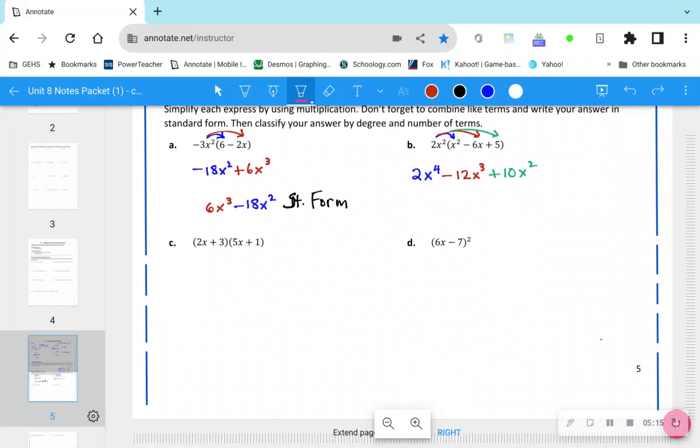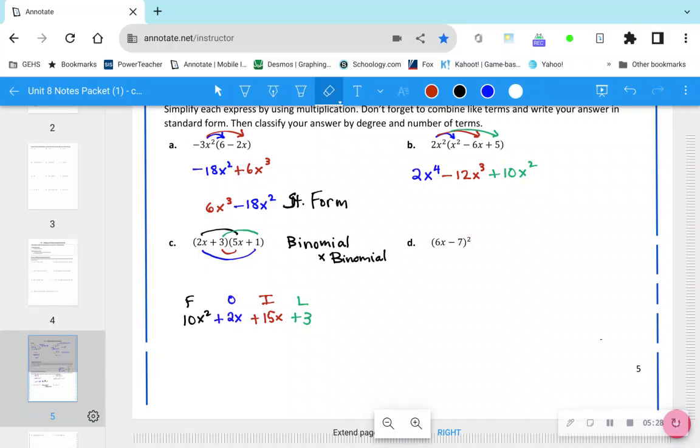Okay, the first problem that actually uses the FOIL technique is example C. You can see that it's a binomial times a binomial. That's when you use FOIL. So I've got this all color-coded here. In black is the first part times the first part, and that gives 10x squared. The outside pair gives 2x.